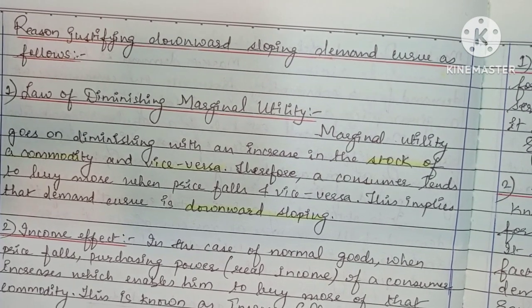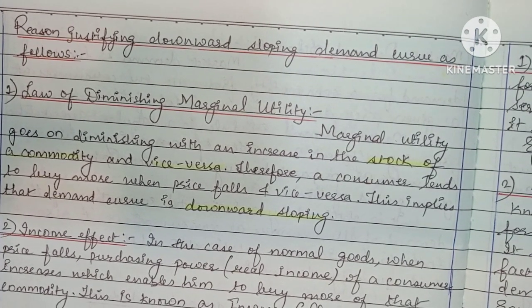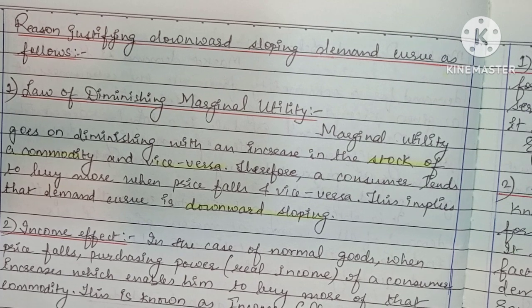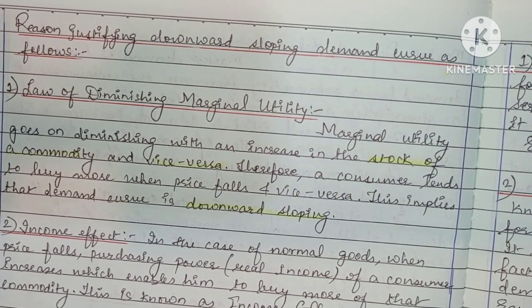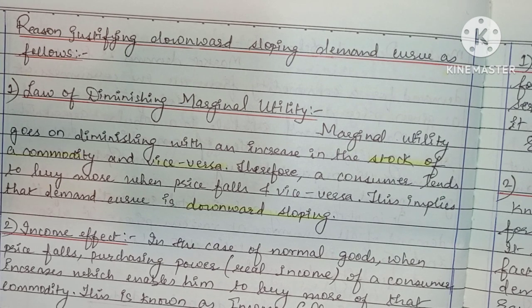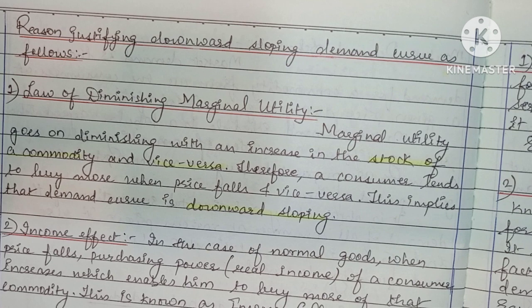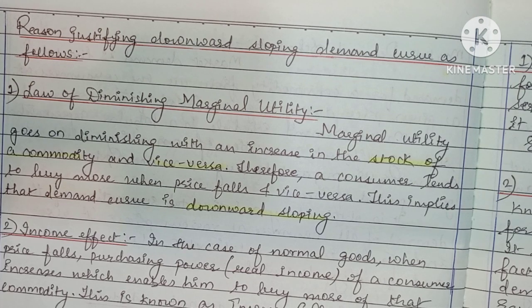You studied marginal utility in the previous chapter. So why does it diminish with increase in stock? Suppose you have 10 mangoes, and you are eating mangoes each day. Suppose you have eaten 1 mango, you feel like eating 1 more mango. If you keep on increasing the quantity, at some point you will be full, and you will not have more desire to eat 1 more mango.